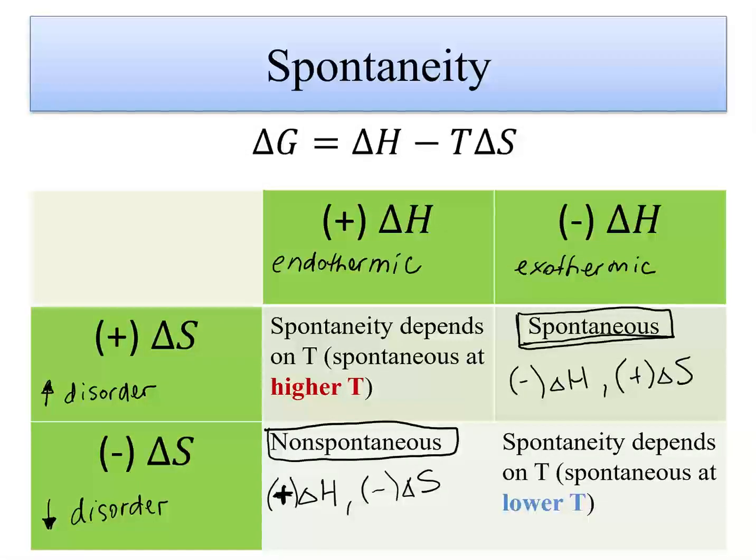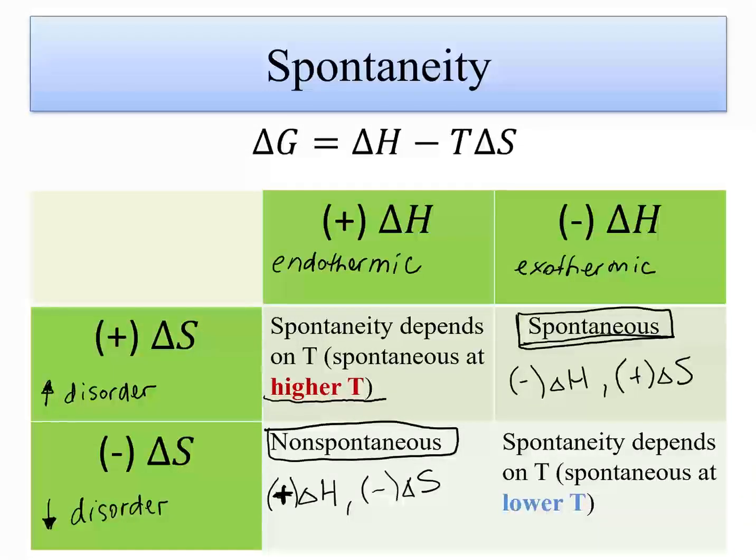If only one factor is favorable, for example, either negative delta H or positive delta S, then temperature will play a role in spontaneity. So in case of the endothermic reaction, unfavorable positive delta H, but favorable delta S, increase in molecular disorder, the spontaneity depends on temperature, and this reaction will be spontaneous at higher temperature.